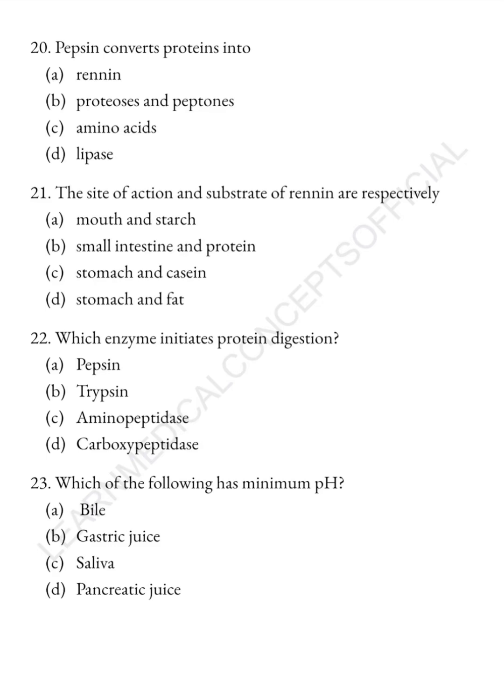21st question. The site and substrate of renin are respectively option A, mouth and starch, option B, small intestine and protein, option C, stomach and casein, option D, stomach and fat. And your time starts now.